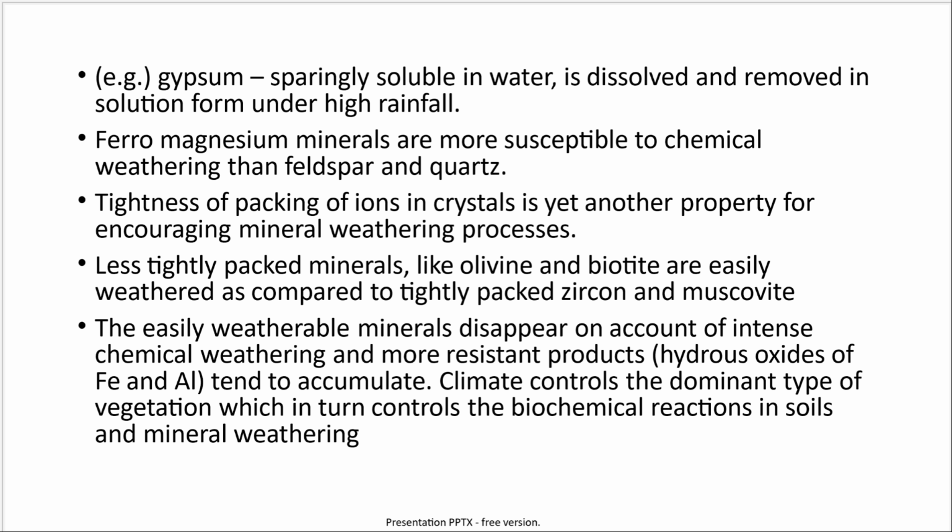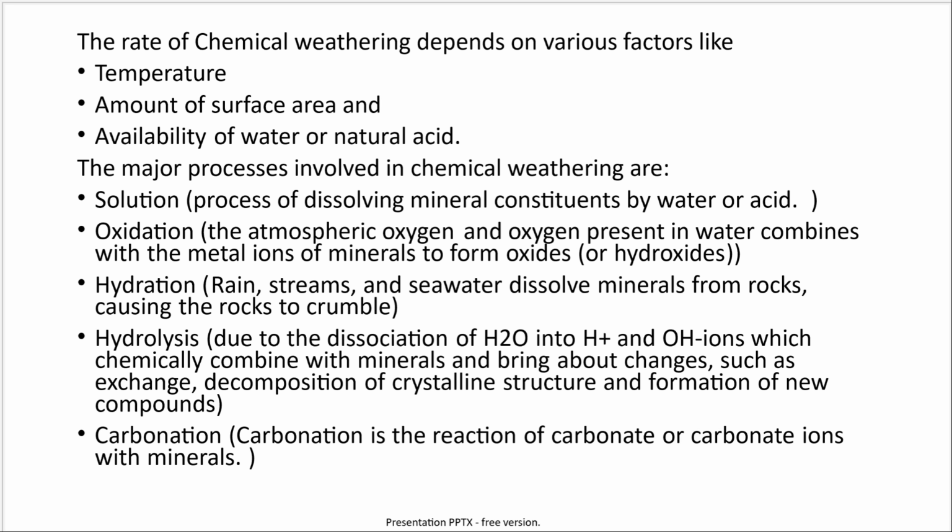Climate controls the dominant type of vegetation, which in turn controls the biochemical reactions in soils and mineral weathering. So, the climate and the vegetation also affect the chemical weathering. The rate of chemical weathering depends on various factors like temperature, amount of surface area, and availability of water or natural acid.